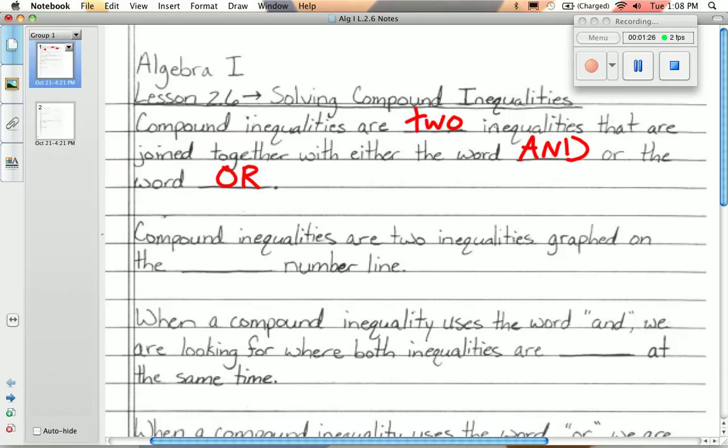So if your parents say to you, you can't go out this weekend with your friends unless you clean your room and you do all the dusting in the rest of the house, they use the word and in there. What does that mean then? You have to do both. You have to do both, or you're not going out.